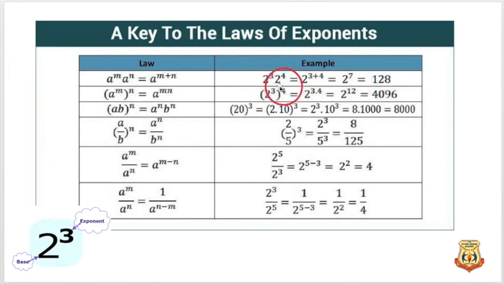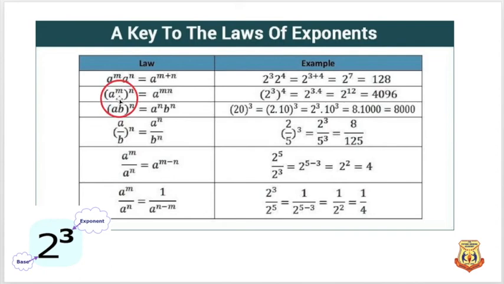Look at the example: 2 to the power 3, 2 to the power 4. The base is the same, but the exponents are different. We will use this formula, 2 to the power 3 plus 4, which is 2 to the power 7. And 2 to the power 7 means you multiply 2 seven times, so you will get the answer 128.